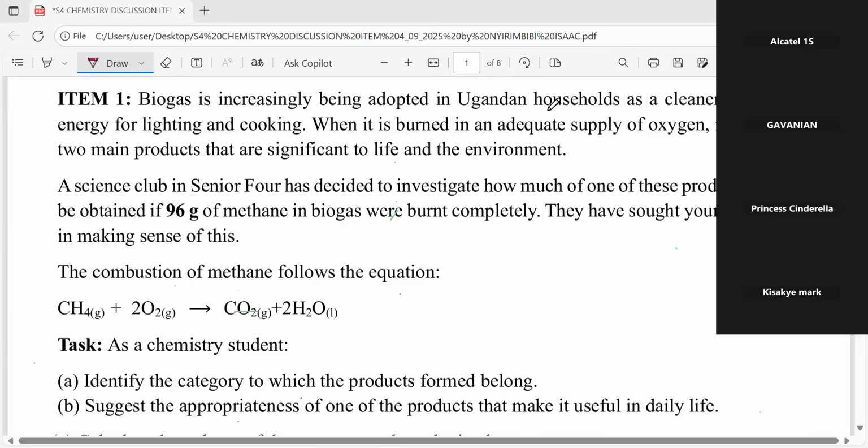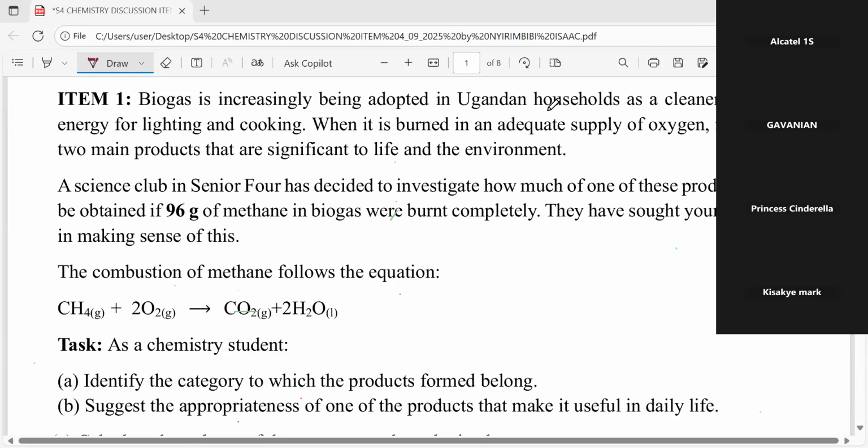A science club in Senior 4 has decided to investigate how much of one of these products would be obtained if 96 grams of methane in biogas were burnt completely. They have sought your assistance in making sense of this. The combustion of methane follows the equation.